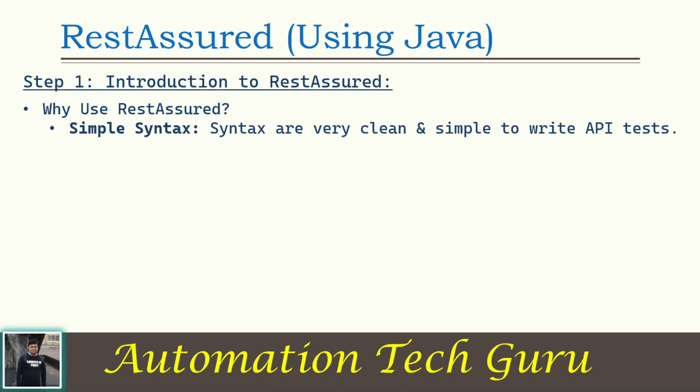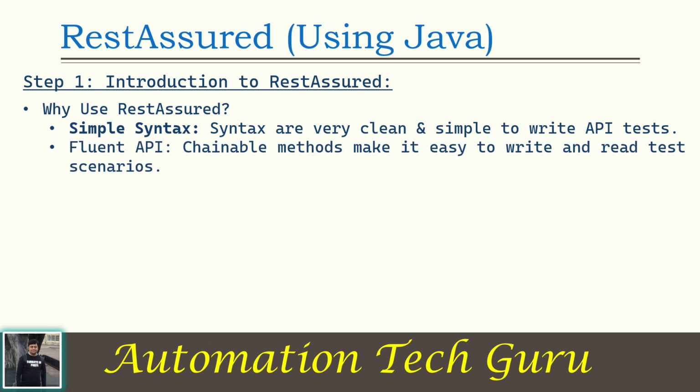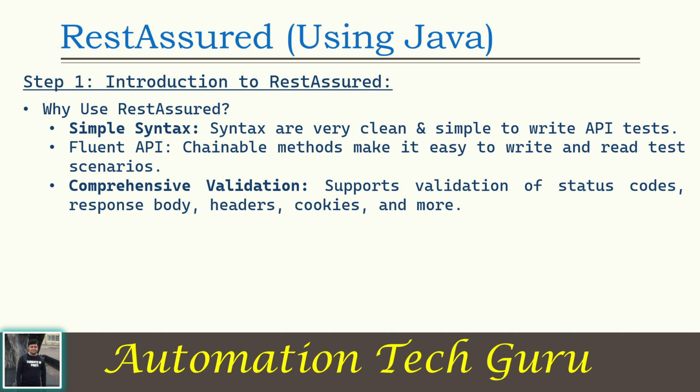Why use RestAssured? Simple syntax: the syntax is very clean and simple for writing API tests. Fluent API: chained methods make it easy to write and read test scenarios. Comprehensive validation: supports validation of status codes, response body, headers, cookies, and more.